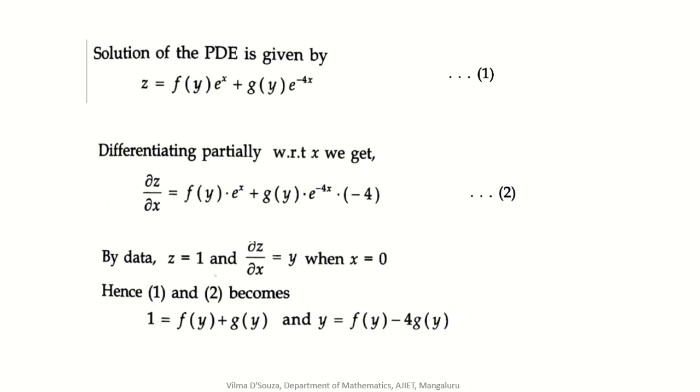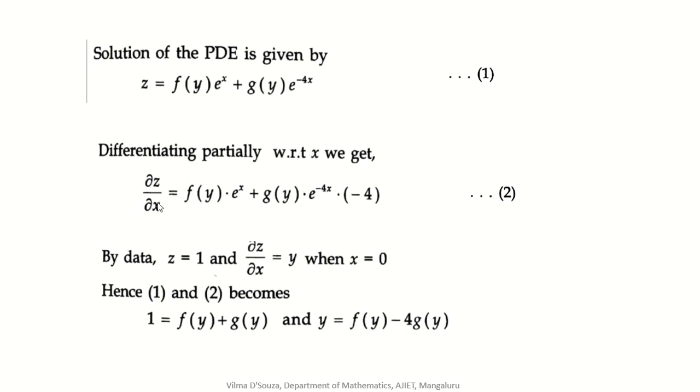The second condition is ∂z/∂x = y when x is 0. So you don't have ∂z/∂x. Differentiate this partially with respect to x. So when you differentiate this partially with respect to x, what do you get? ∂z/∂x = f(y) is a constant, differentiation of e^x is e^x itself, plus g(y) constant as it is, differentiation of e^(-4x) is e^(-4x) into -4.